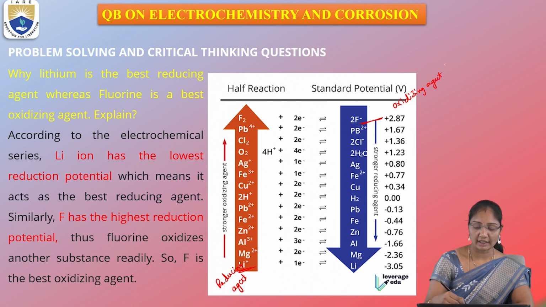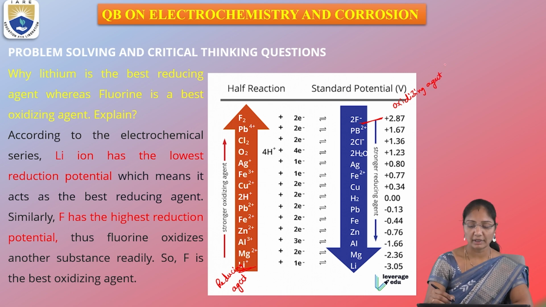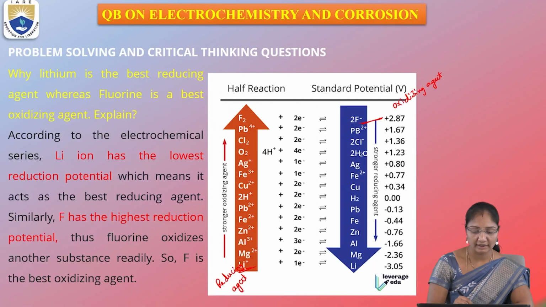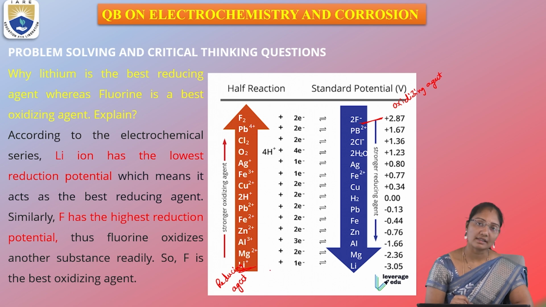According to the electrochemical series and the electrode potential, here the EMF values, we categorize them. From lithium to fluorine, the oxidizing nature increases. Lithium is in the last place, so it acts as the best reducing agent, whereas the standard potential decreases from fluorine to lithium.